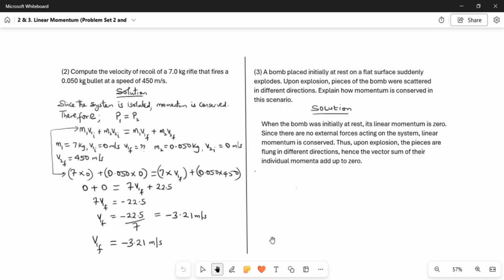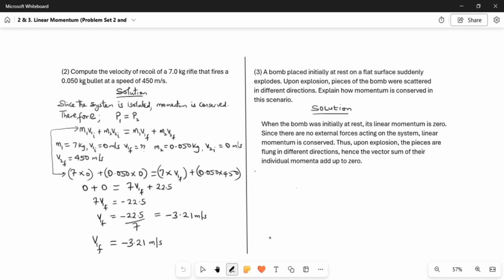Now, we'll treat this system as an isolated system. And since the system is an isolated system, momentum is conserved. If momentum is conserved, that implies that the momentum before impact, that's the initial momentum, is equal to the momentum after impact. So initial momentum is equal to final momentum. So we have the equation on the screen.